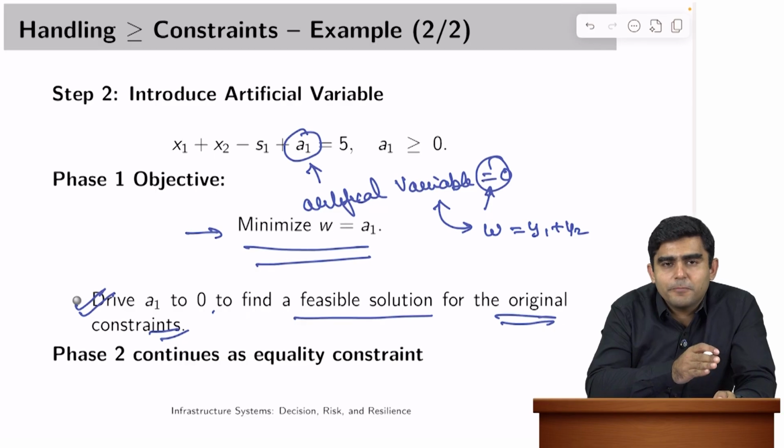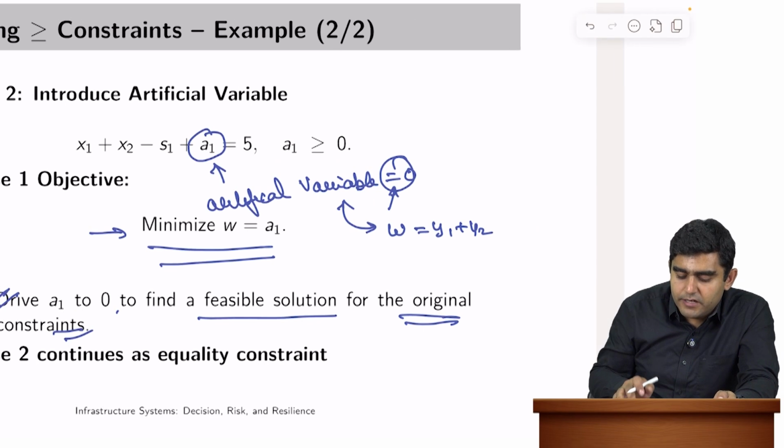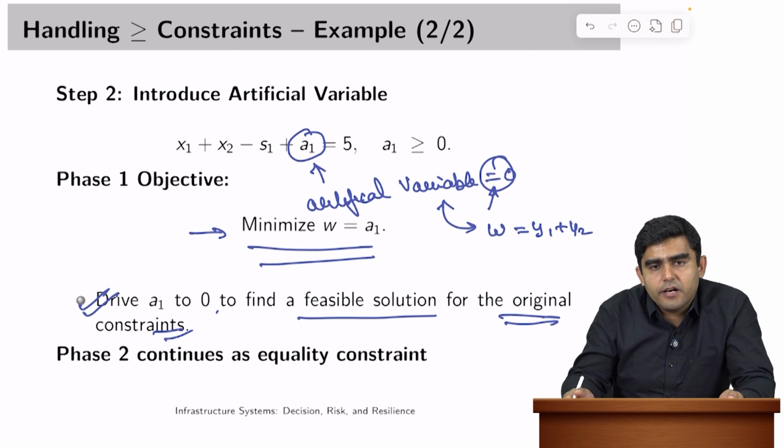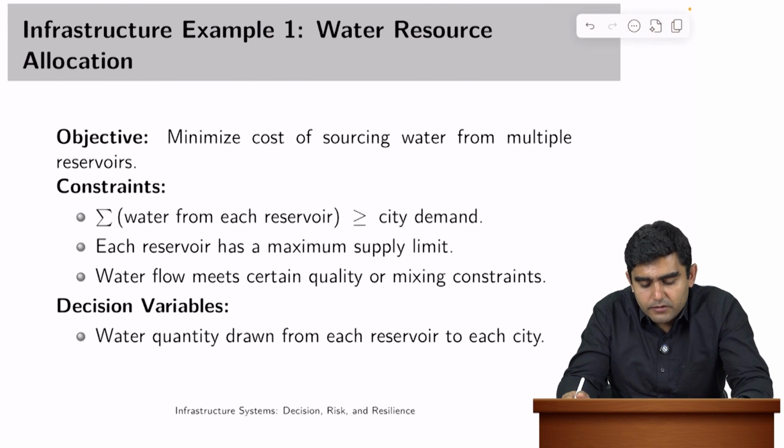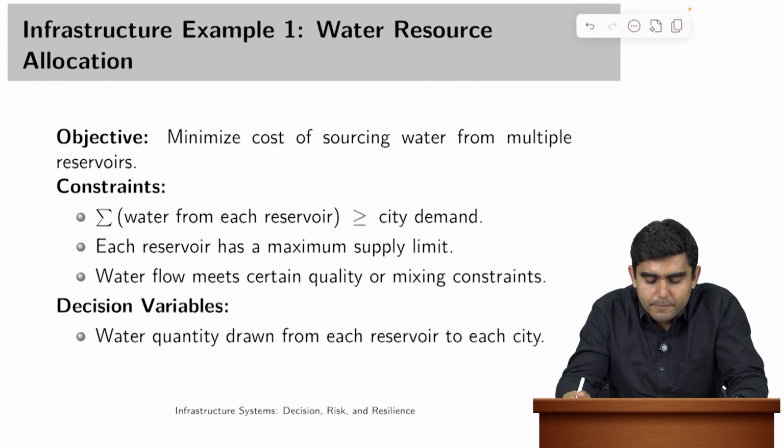Once it is out of the picture, we will keep on updating our tableau as we were doing earlier until we reach our optimal solution, that is there is no other variable to enter, there is no other variable to leave, and with this we should be able to arrive at our optimal conditions.